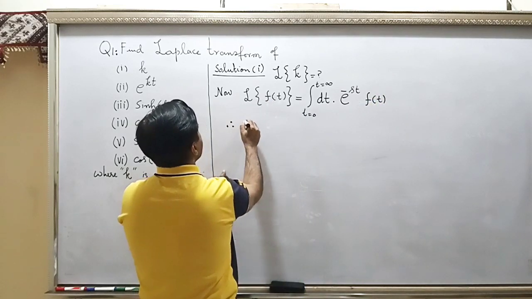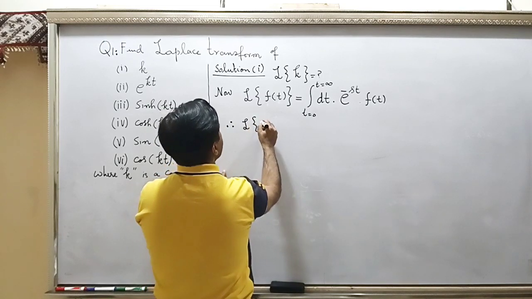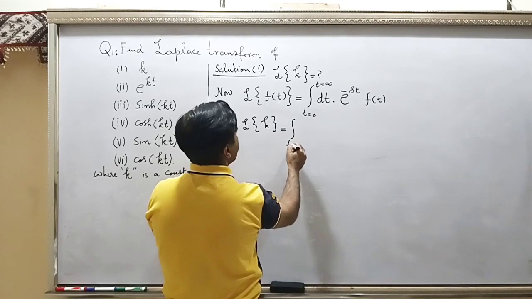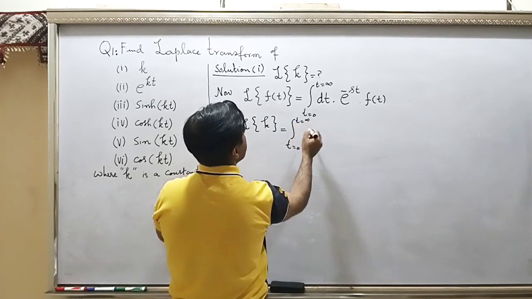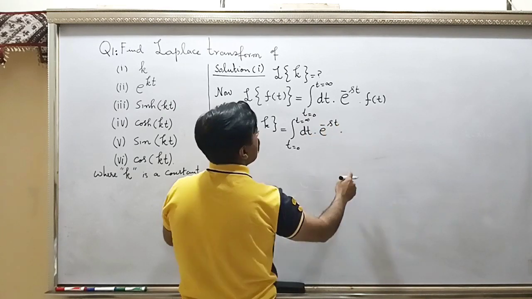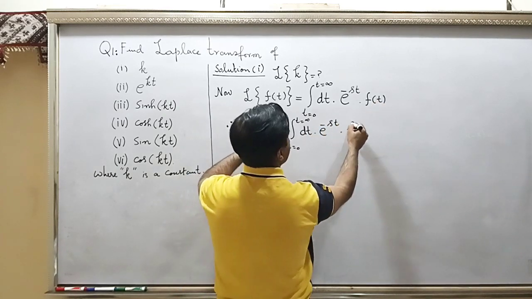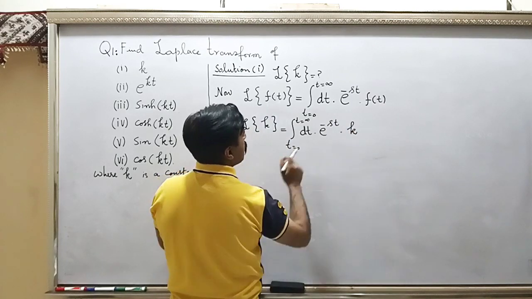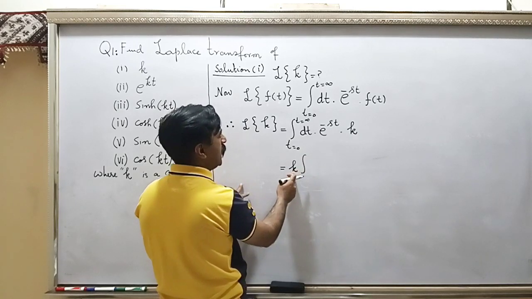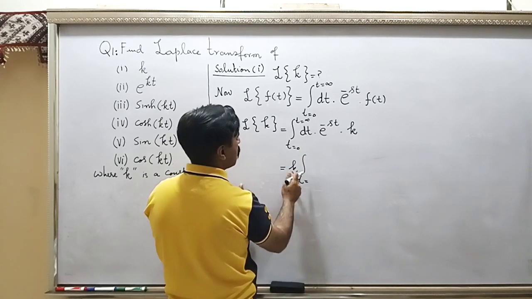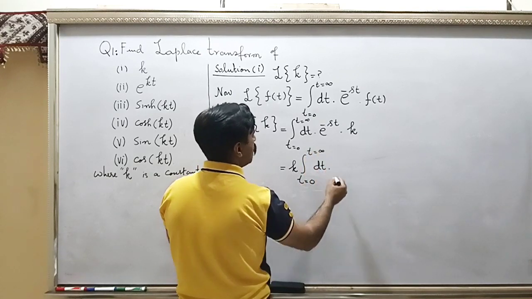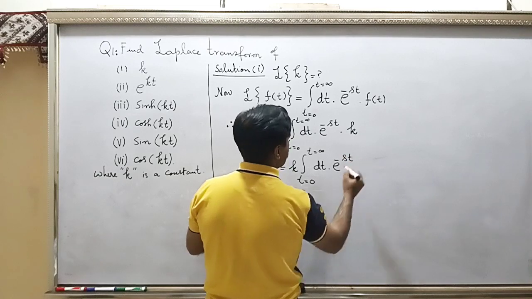Therefore, L of the constant, meaning the Laplace transform of the constant, will be the integral from t equals 0 to t equals infinity of dt e to the power minus st into f(t), which is your k. Since k is a constant, it can be taken out in front of the integral sign, and we have the integral from 0 to infinity of e to the power minus st dt.